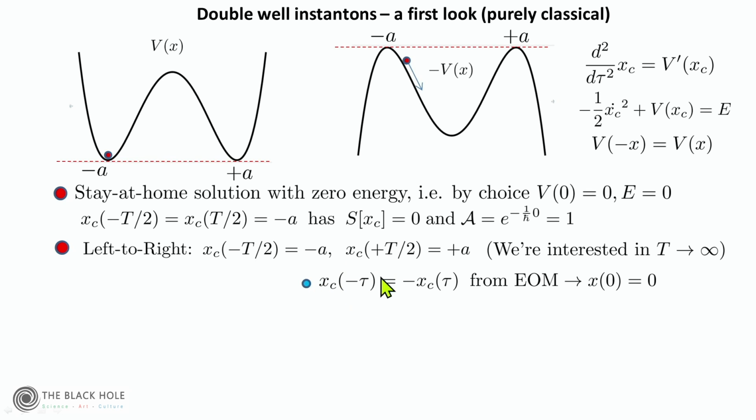If you can see from here that if I make t go to minus t, this equation does not change. And so xc of minus t is minus xc of t, I'll prove this on the next slide. That says that if I put t equal to 0, then something is equal to minus itself, which means that xc of 0 is equal to 0.